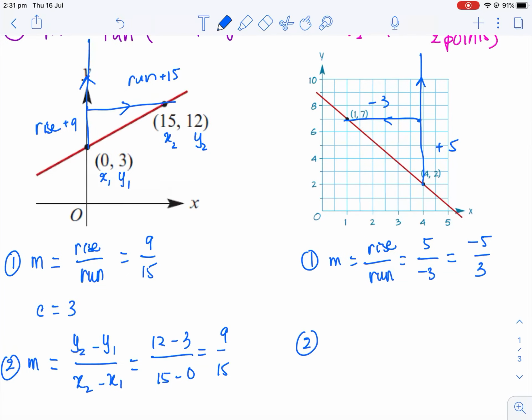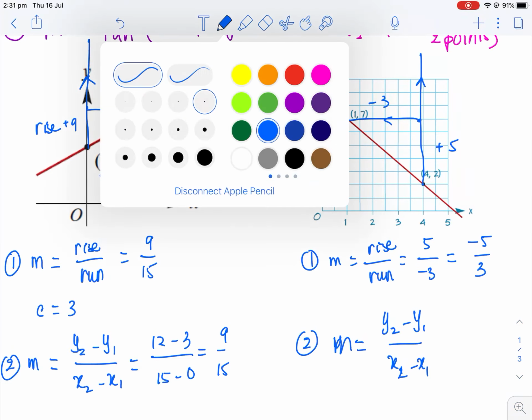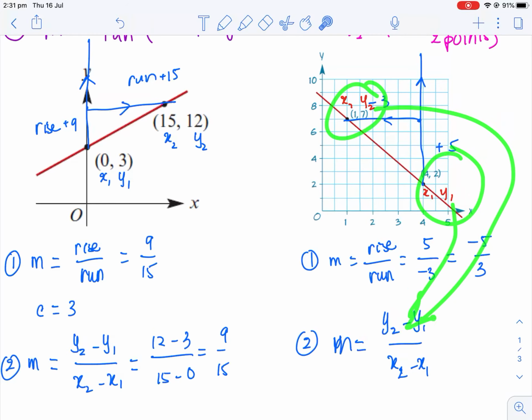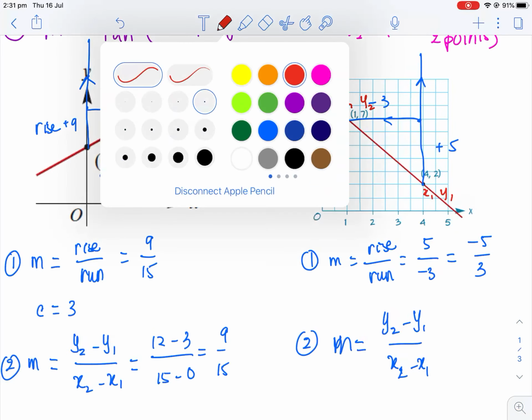The second method we're going to use is m equals y2 take away y1 over x2 take away x1. You can choose, for example, this one to be x1, y1 and this one x2, y2. And then you substitute the values into this formula.